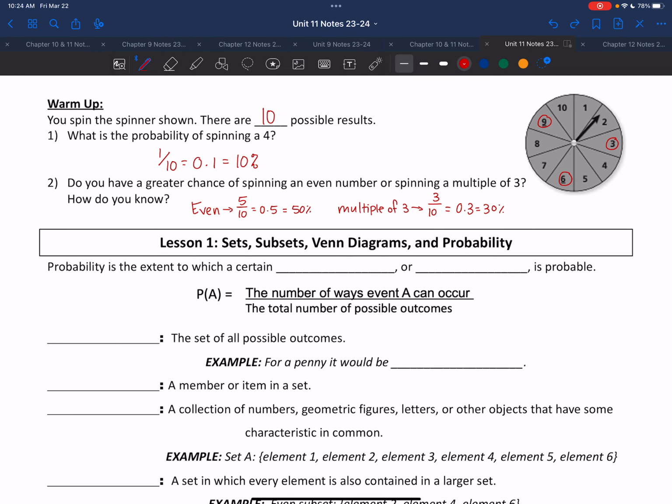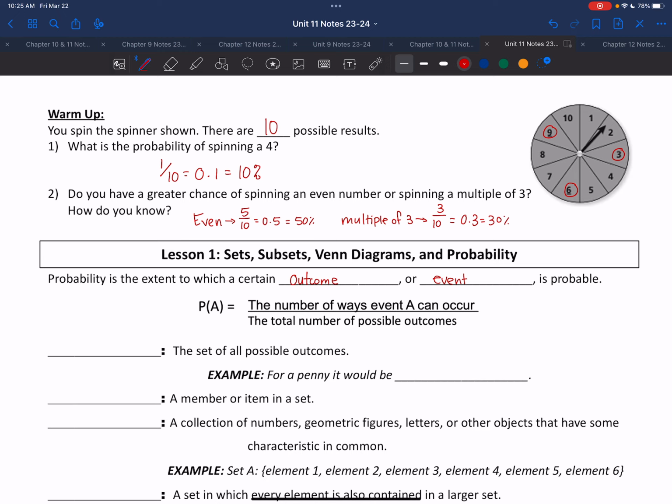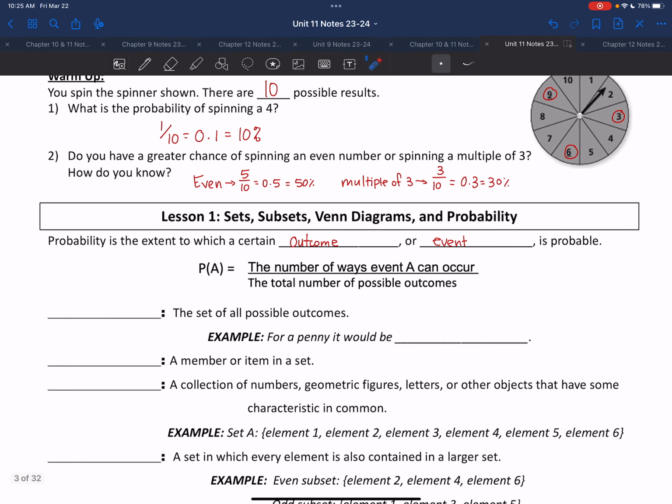So sets, subsets, Venn diagrams, and probability. It says the probability is the extent to which a certain outcome or event is probable. And we have a formula for this.